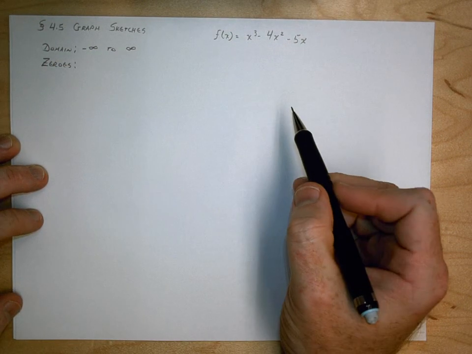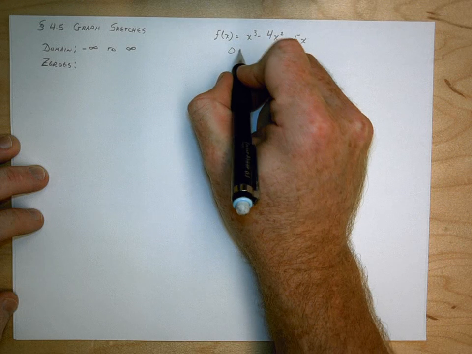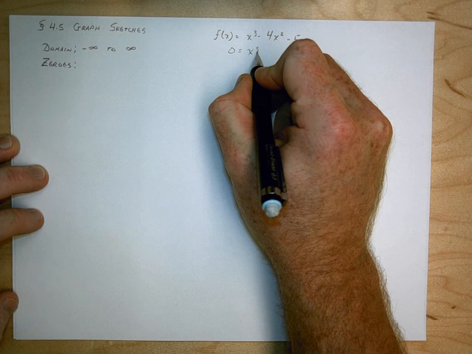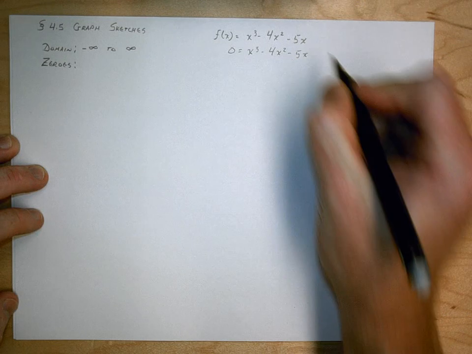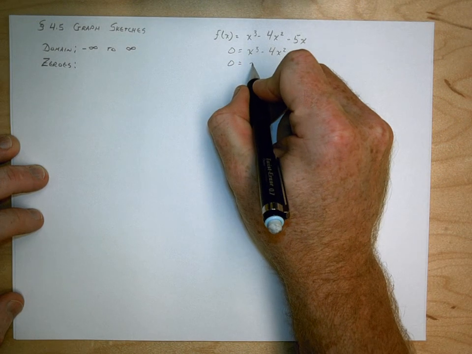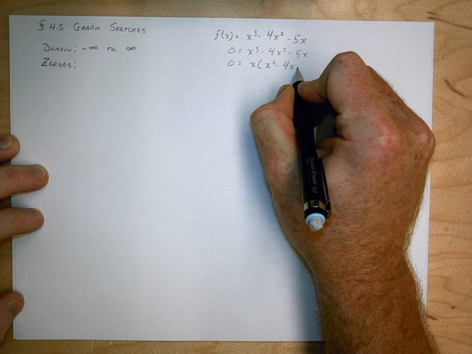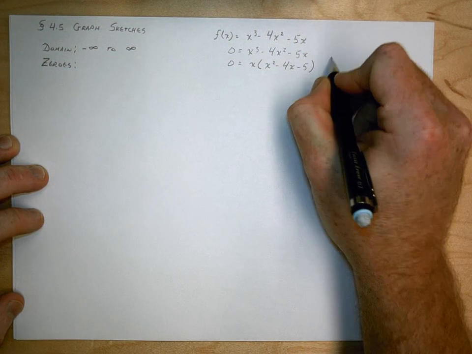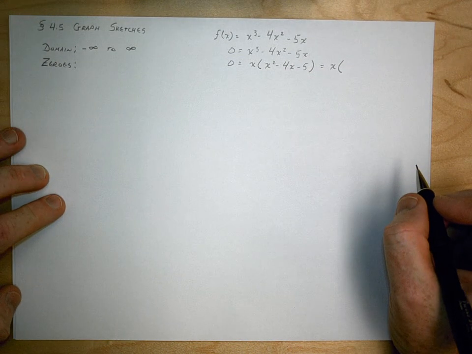Let's also talk about the zeros of this function, which is to say, where does it cross the x-axis? Where is y equal to 0? So if I set this whole thing equal to 0, let's see, I can factor an x out. And I can factor that binomial that remains.